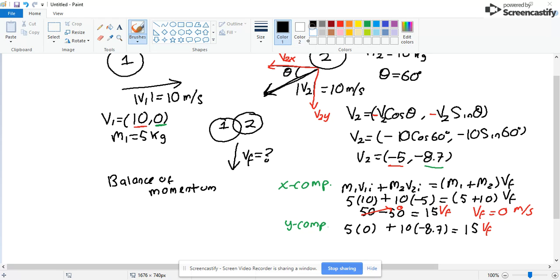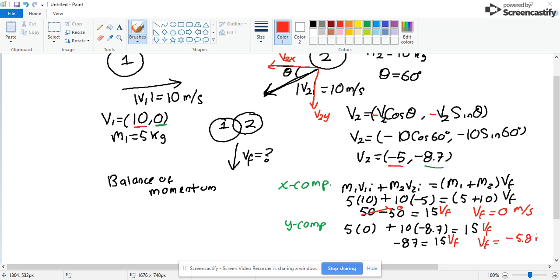What this will be then is negative 87 equals 15 times V final, and then V final is negative 5.8 meters per second.